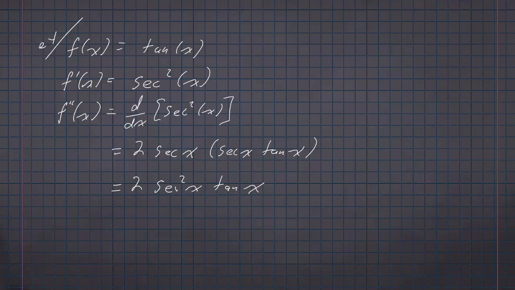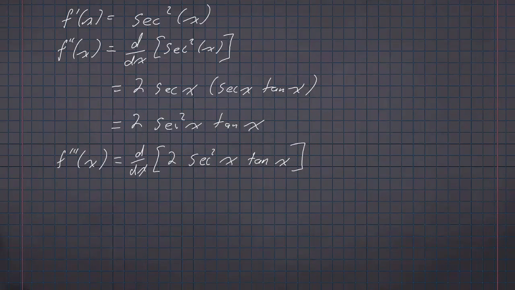If I want to take things a step further, the third derivative means I want to take the derivative of 2 times secant squared x times tangent x. And so I need to use the product rule. I have a 2 in front, which is just going to stay a 2 in front.